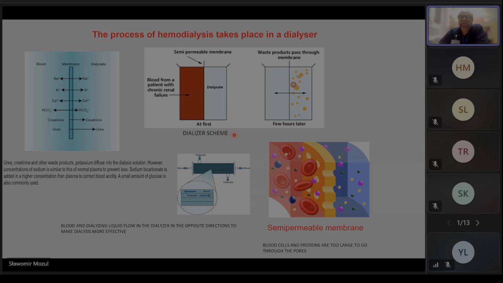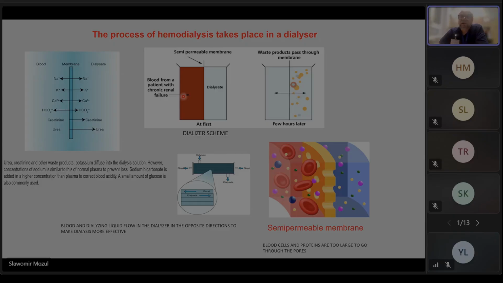Because of this difference, these molecules diffuse from the blood into the dialysis fluid, and their levels in the blood decrease during hemodialysis.